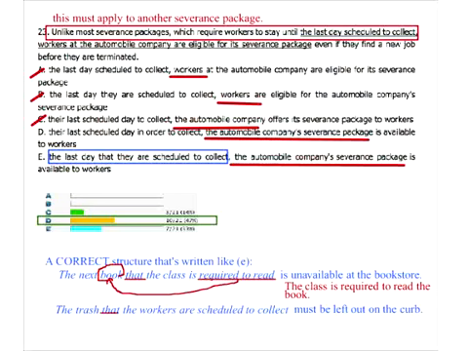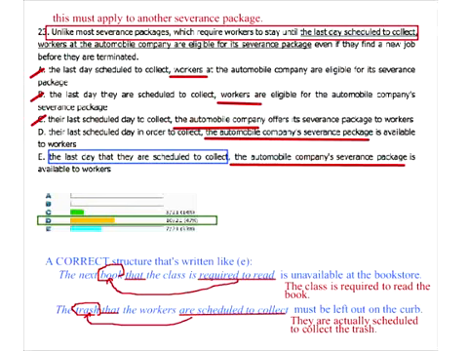The trash that these people are scheduled to collect. They are actually scheduled to collect the trash. Not true up here, though, unfortunately. These people are not scheduled to collect days. So the intended meaning doesn't work with what's written here.